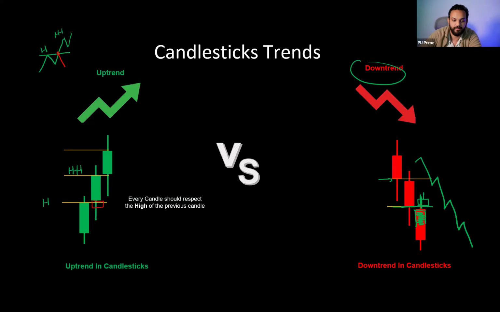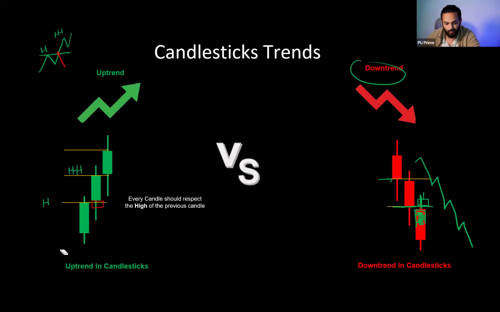So in the uptrend, is it possible the next candlestick has a close below the previous high? Okay, so you mean like this candle? Let's assume we have a candle. It can close like this, right? It might happen.